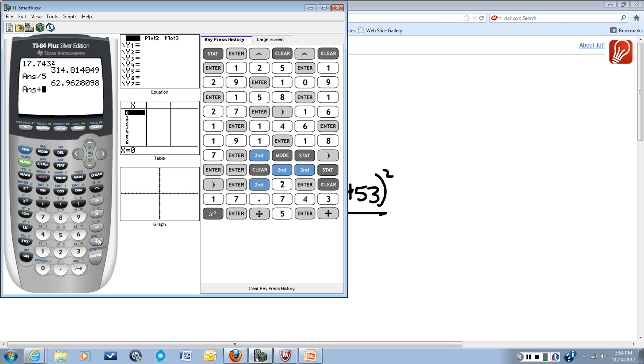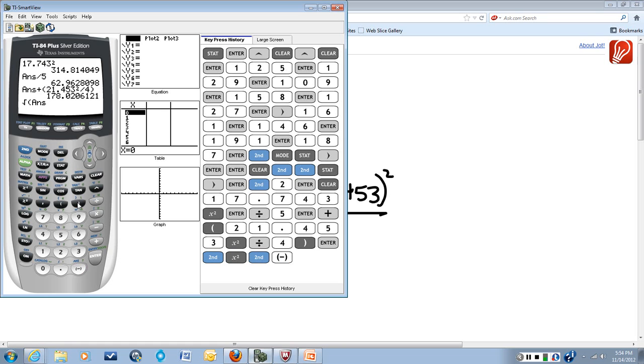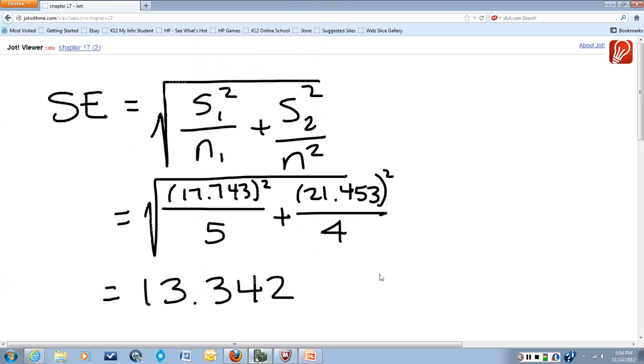And I'm going to add to that 21.453 squared divided by 4. And then I'm going to take the square root of all that, the square root of my answer, and I'm going to get 13.342. So our standard error is 13.342.